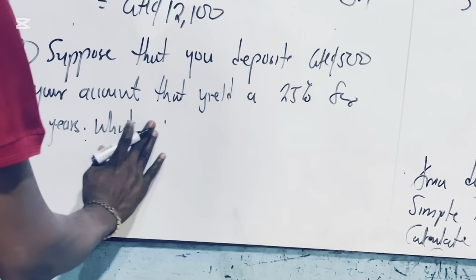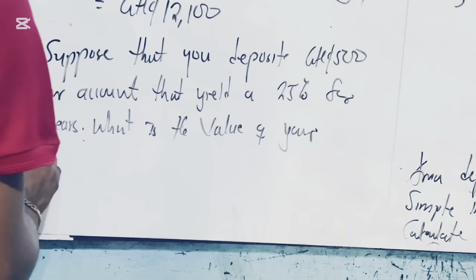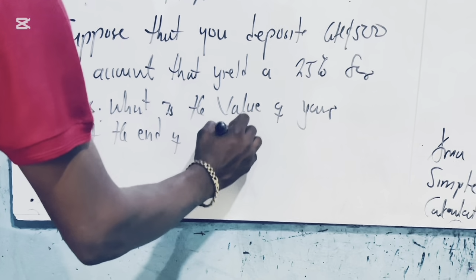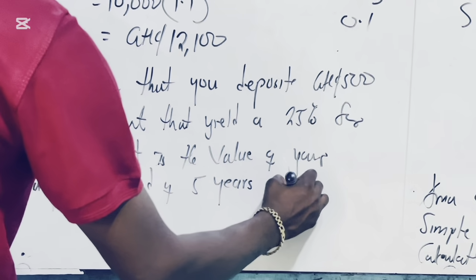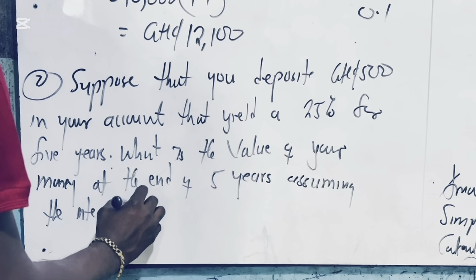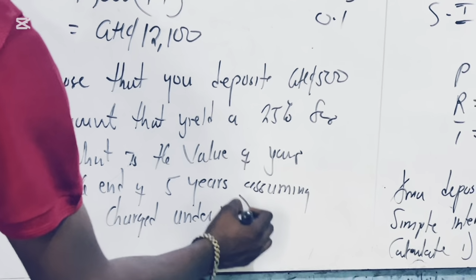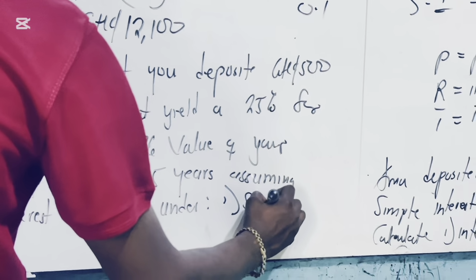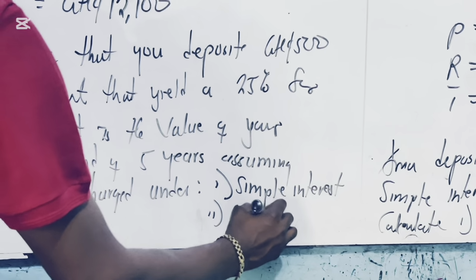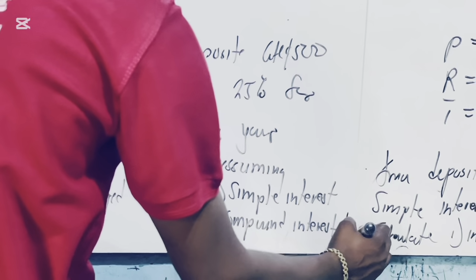What is the value of your money at the end of 5 years, assuming the interest is charged under I, simple interest, II, compound interest basis.